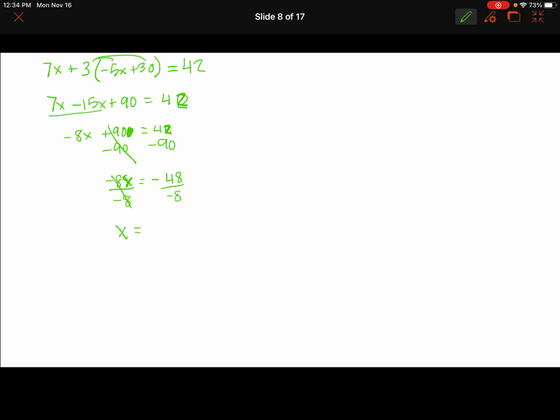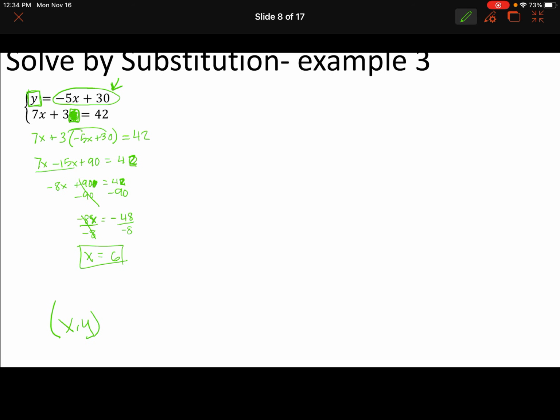x equals 6. Okay, so we have half of our answer, but remember back on the graphing ones, the only time we can have an answer is if it's a point. And a point has to be in the form of x, comma, y, and I only have half of that. I only have my x. So after we have that x value, we take it and substitute it back into one of these original equations. I'm going to do it into the first one.